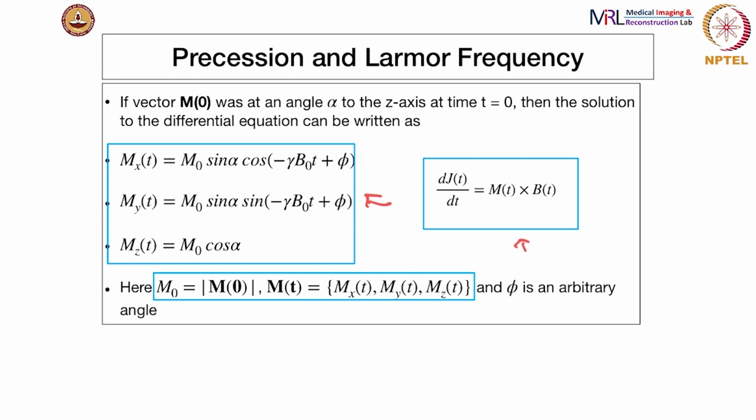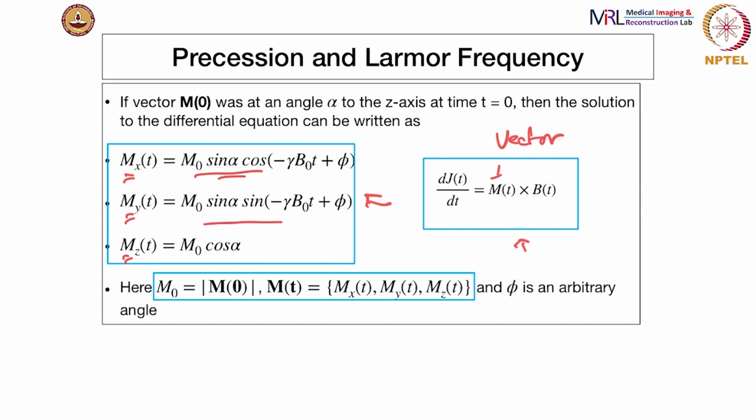So we can see that there are three components. M is a vector, remember. Magnetization, induced magnetization, is a vector, so it will have three components, Mx, My, and Mz. And we see that Mx and My have a sinusoidal dependence with respect to time, right?